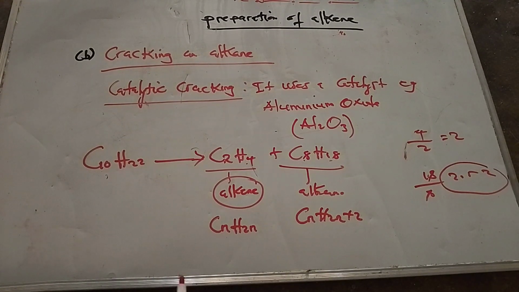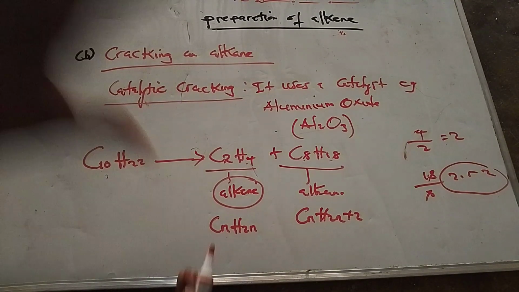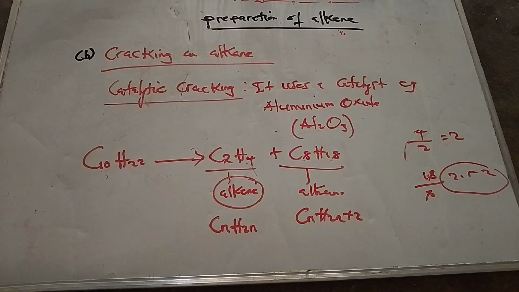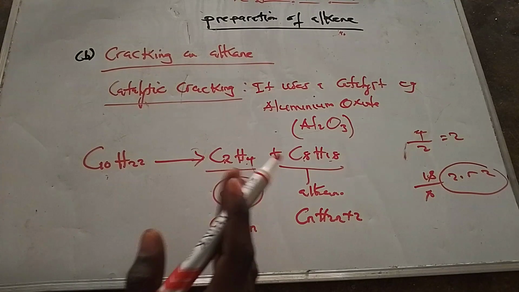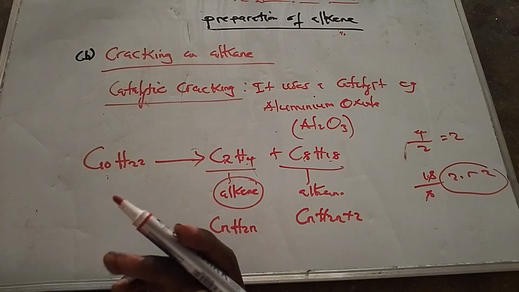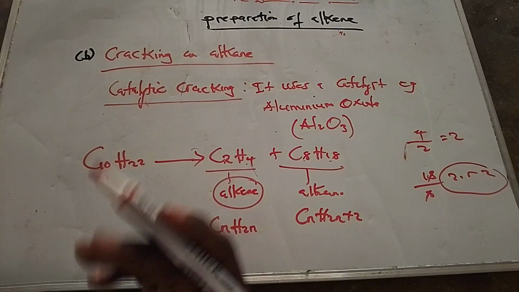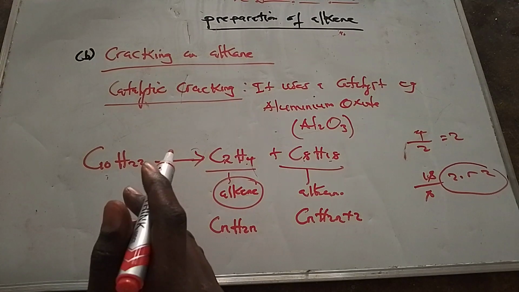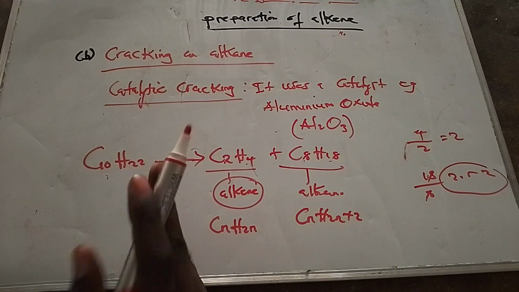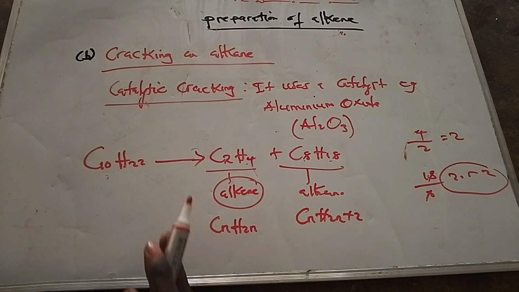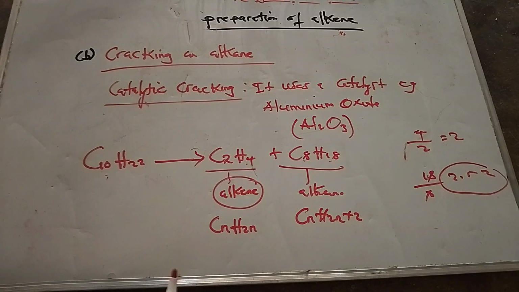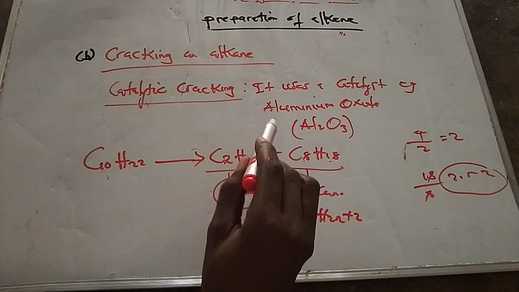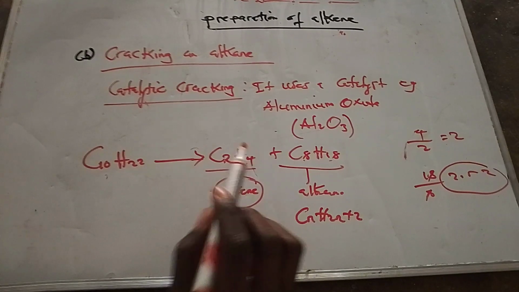So even in an exam, if they give you diagrams, then they'll ask you to identify which compound can decolorize bromine solution. Means they are asking about alkenes, whose identity test is to decolorize.